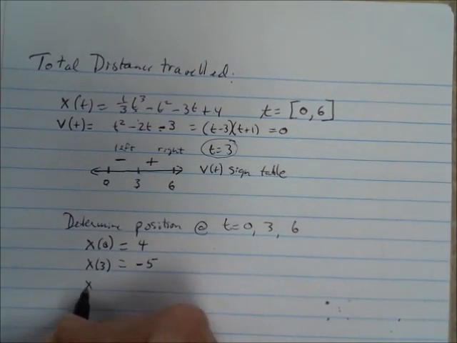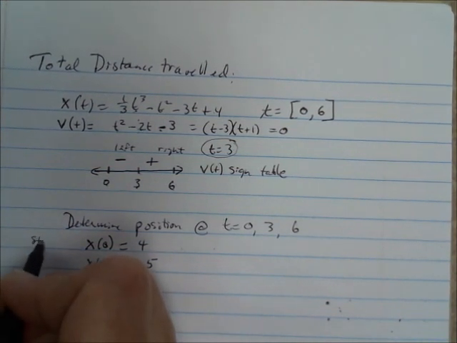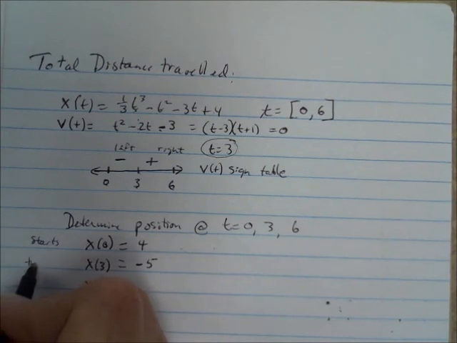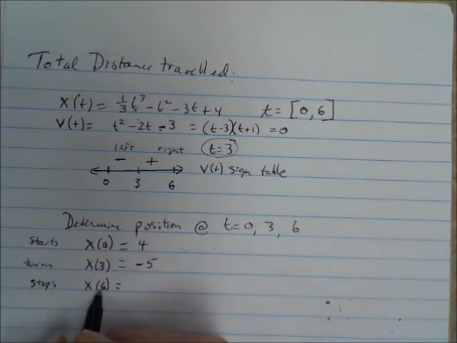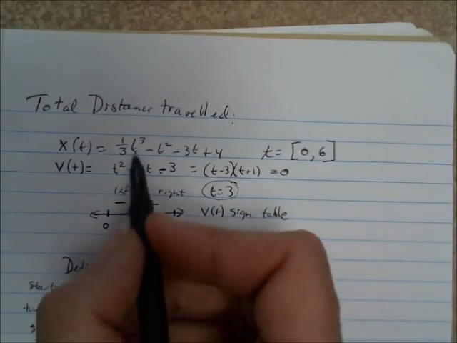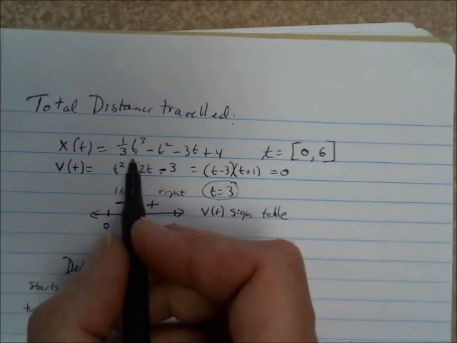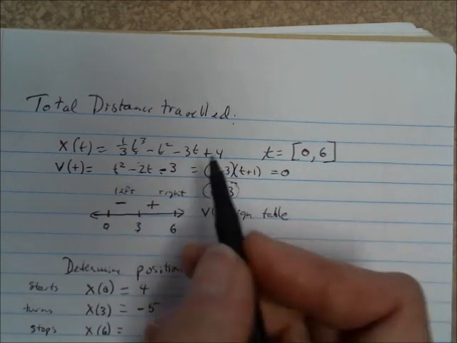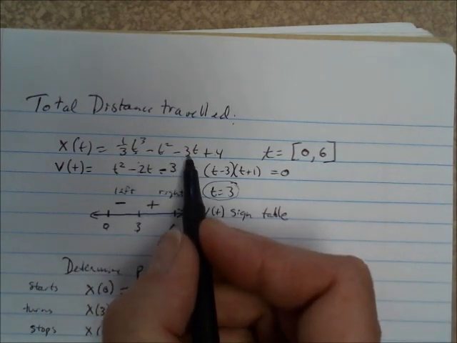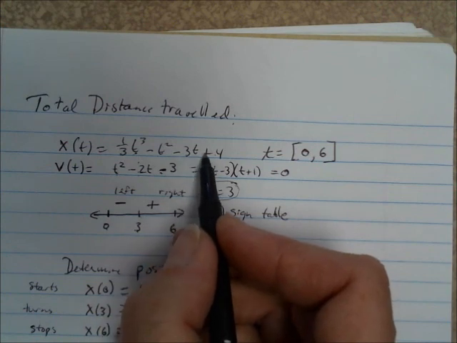And then we have to figure out what x of 6 is, because that's where it stops. This is where it starts, this is where it turns around, and this is where it stops. So x of 6 is 1/3 of 6 cubed, 216, divided by 3, minus 6 squared, which is 36, minus 18, plus 4.